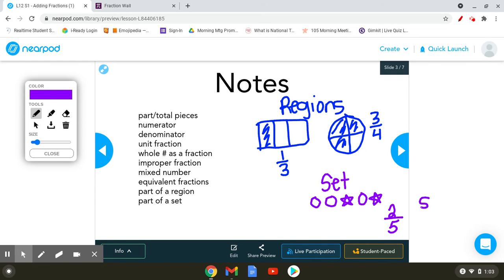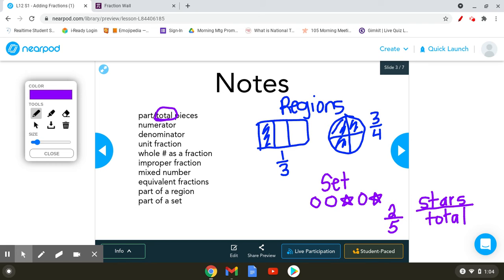So in this case, the stars become my numerator and the total shapes become my denominator. Because remember, when you're thinking about fractions, it's always part over whole or part over total. So that's why it's not stars over circles, it's stars over the total shapes. And that represents a set.